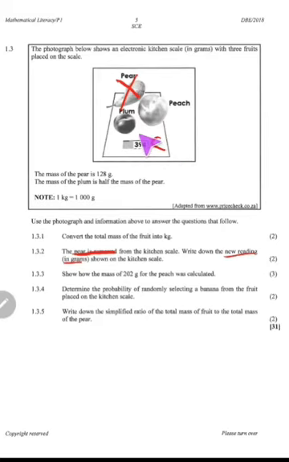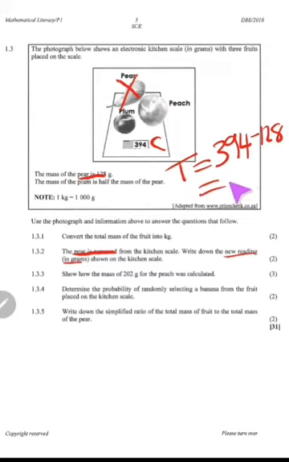We know the total is 394. Now they ask us to remove the pear. Luckily, they give us the mass of the pear: 128. So 394 minus 128 would give us the new reading.